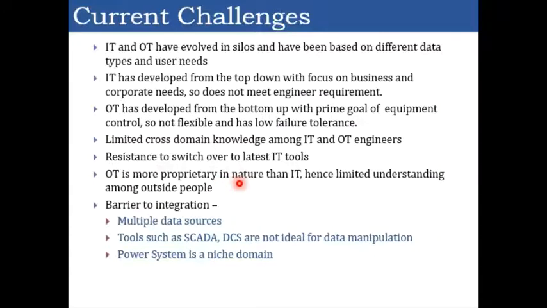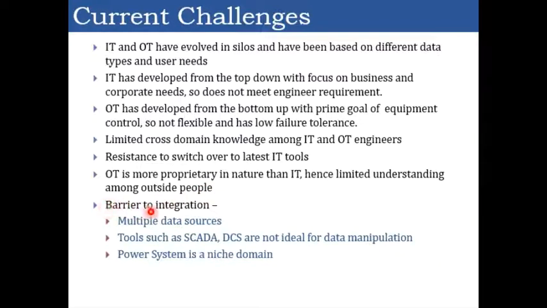While information technology is quite open, it has very little proprietary implementation mechanism when we compare it with operational technology. Because of this proprietary nature, OT technology knowledge is limited to only OT people, and hence very limited understanding is available among outside people.